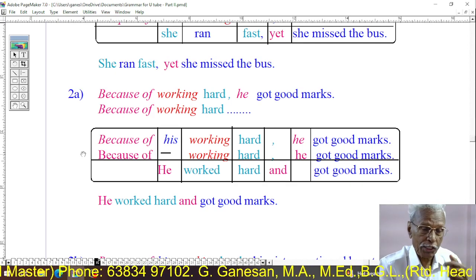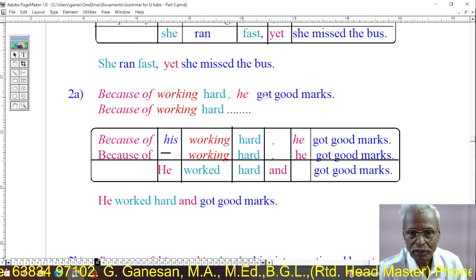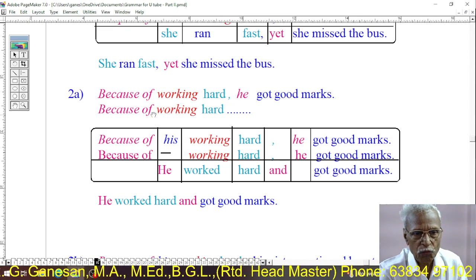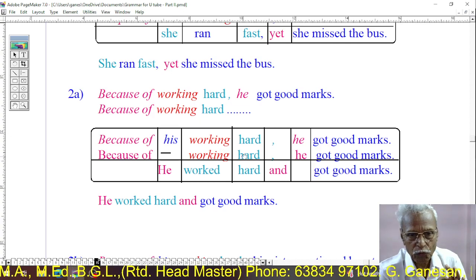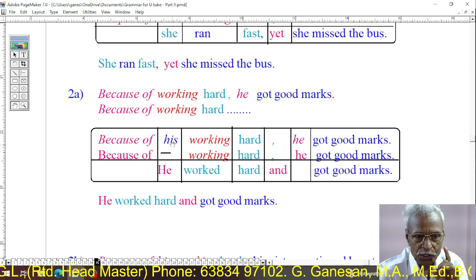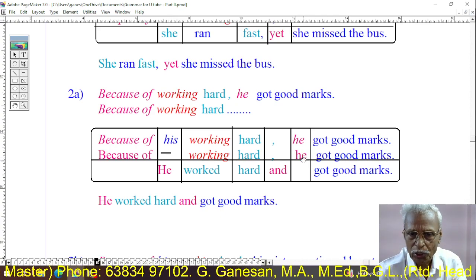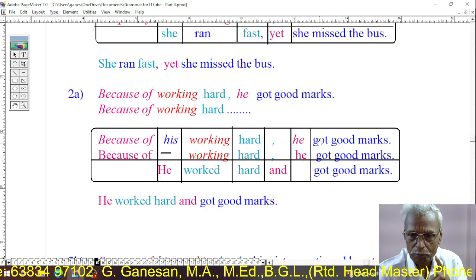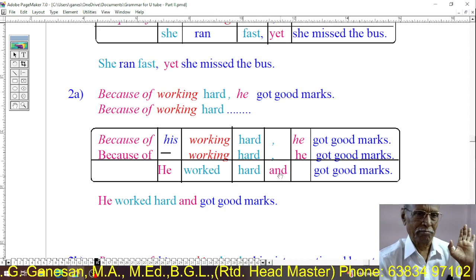See the second example, 2a: "Because of working hard, he got good marks." "Working hard" is the phrase. We can write either "because of his working hard" or "because of working hard." First, "his" becomes "he." In the second sentence there is no possessive, so the subject "he" is used. "Working" becomes "work," and since the tense is past, "worked." The conjunction is "and."